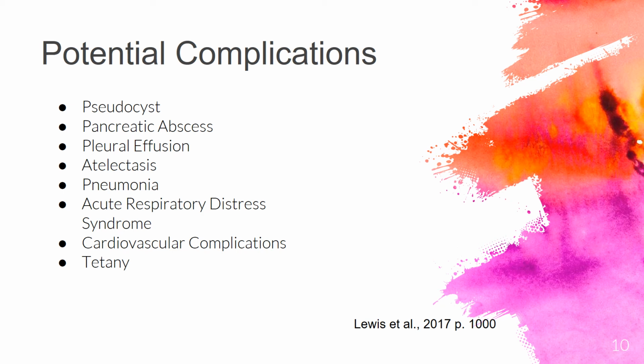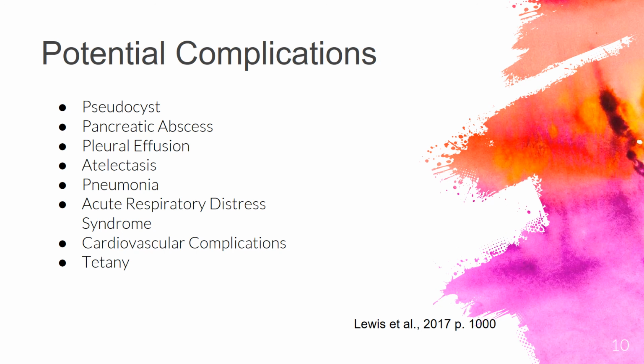The main systemic complications from acute pancreatitis are pulmonary, including pulmonary effusion, atelectasis, pneumonia, and acute respiratory distress syndrome. Among the systemic complications, the pulmonary complications are the most frequent and the most serious. A patient with symptoms of hypoxia, tachypnea, and mild respiratory alkalosis are associated with increased mortality.